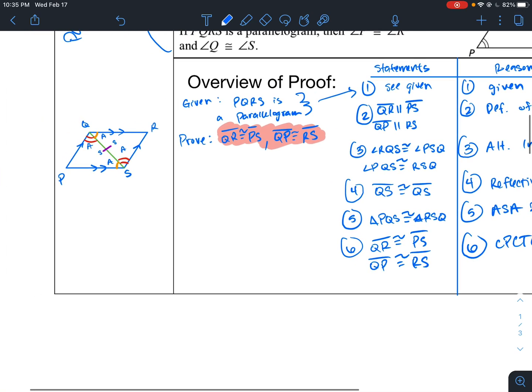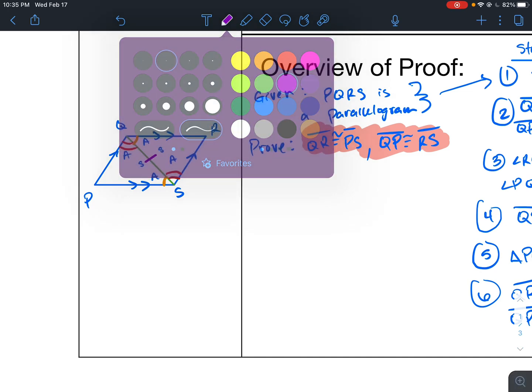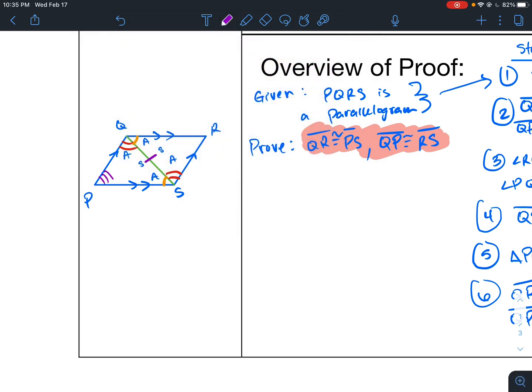And likewise, you can say the same thing about some of the angles. At least you could say the same thing about these two angles right here. We could say that this angle and this angle are congruent.